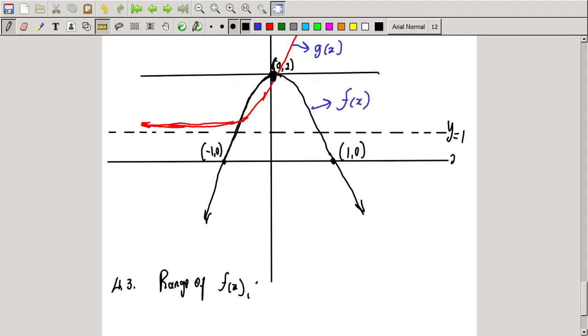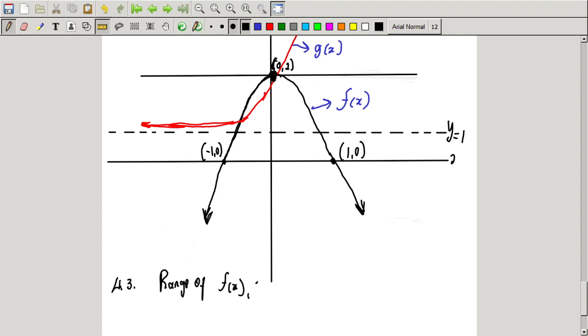Here is the maximum point. The turning point is the maximum point, the highest point that the function can ever reach. And here, infinity, wherever it goes, we don't reach it, because it continues. We are not restricted.